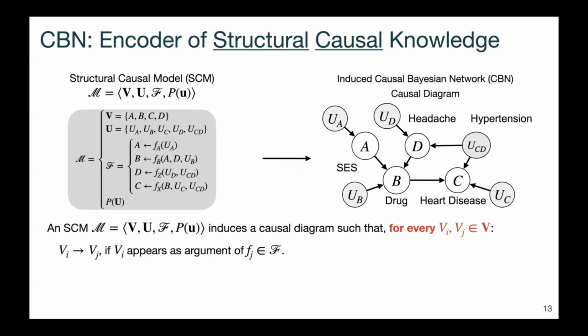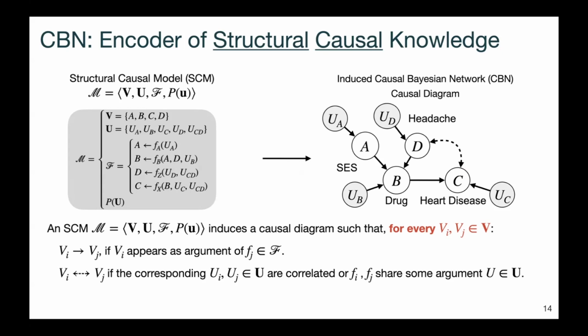The only part that's interesting for inference are those that create confounding, so we replace this with a bidirected edge. That's the meaning of a bidirected edge: as long as two U's are either correlated or shared as arguments of two functions, we add this bidirected edge. Okay.